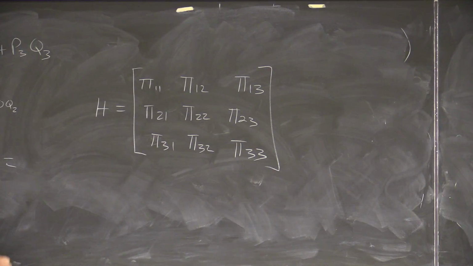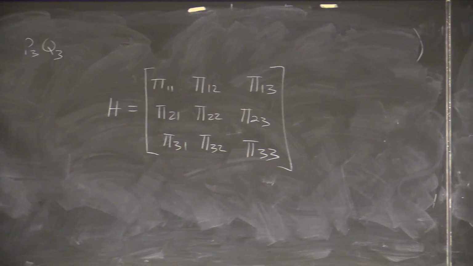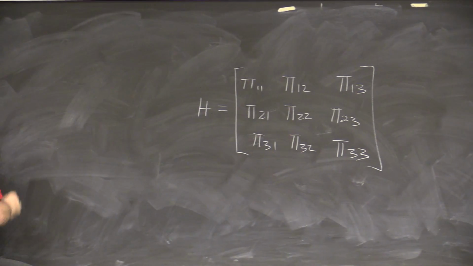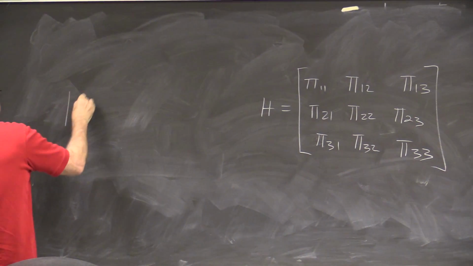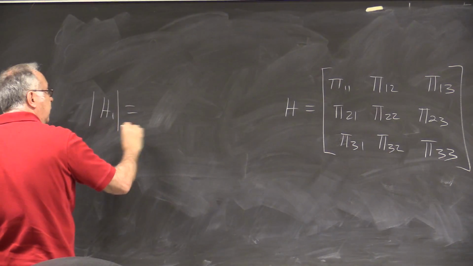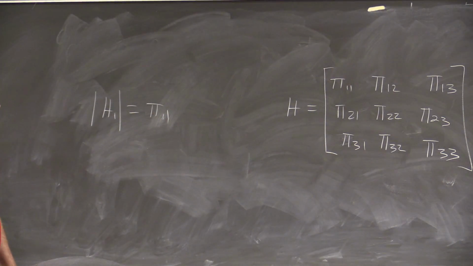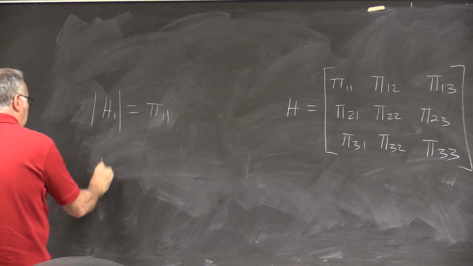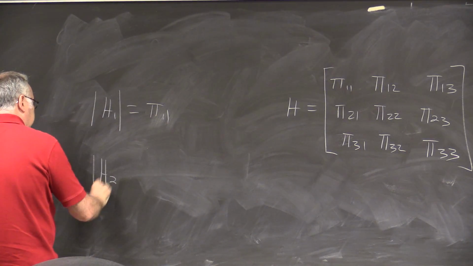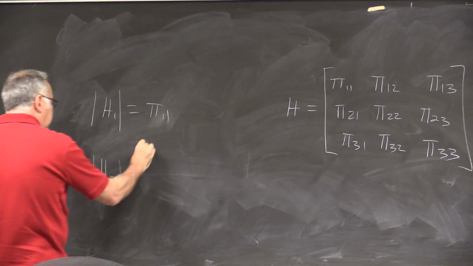And then you need H1. The determinant of H1 is just whatever pi 1,1 is. H2, the determinant of H2, is just this determinant.